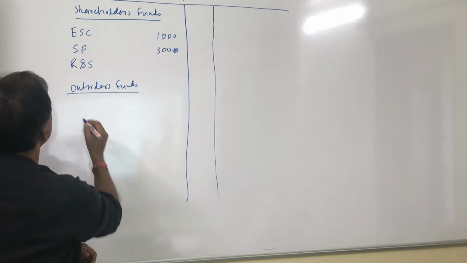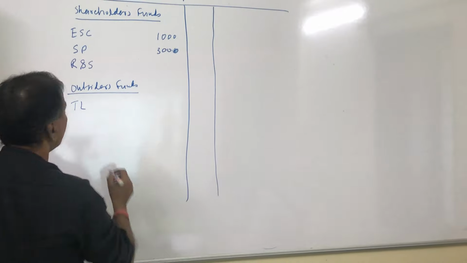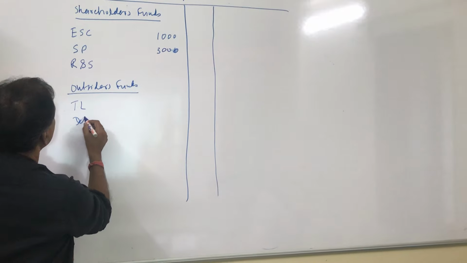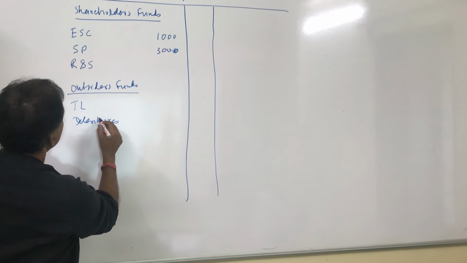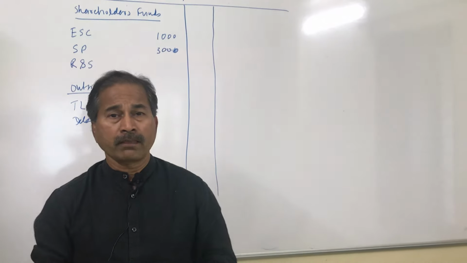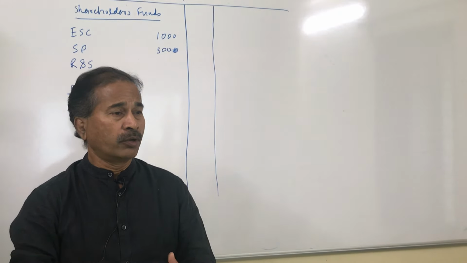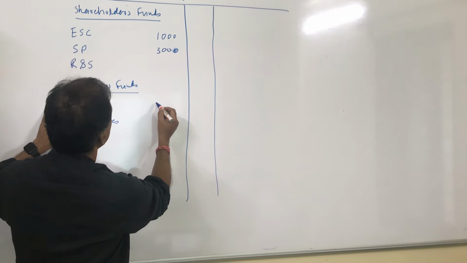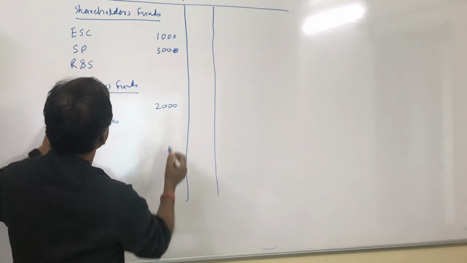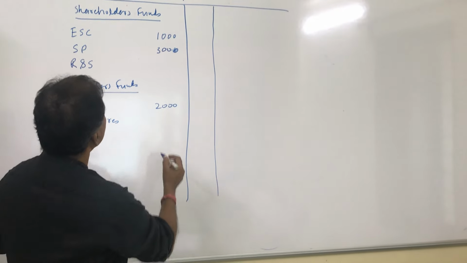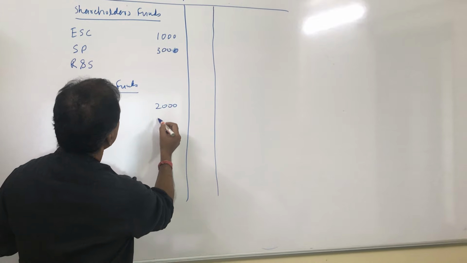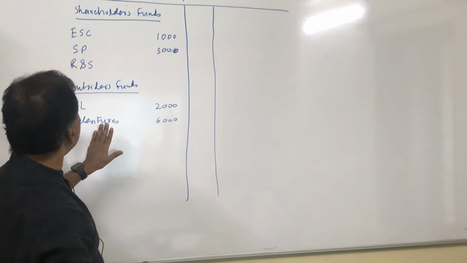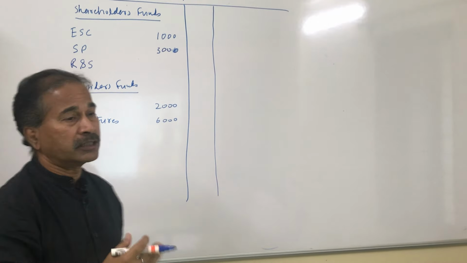You can borrow by way of a term loan that you will receive from a bank, or you can also get something which is known as a debenture, which is again a debt instrument that you will use for the purpose of borrowing. So let's say this company has also used a term loan, and the amount of term loan is, let's say, 2000, and the company has also used debenture, and let's say the amount of debenture is 6000, right? So this is your outsiders funds.